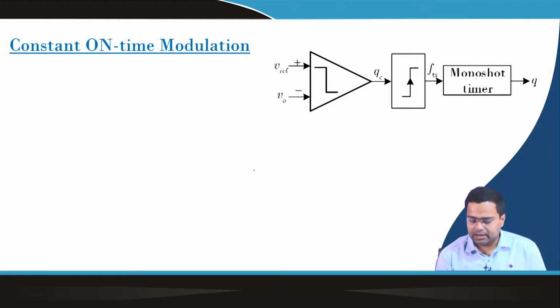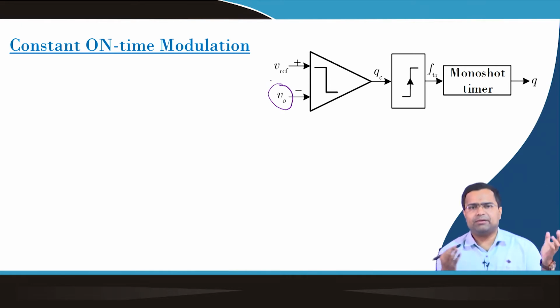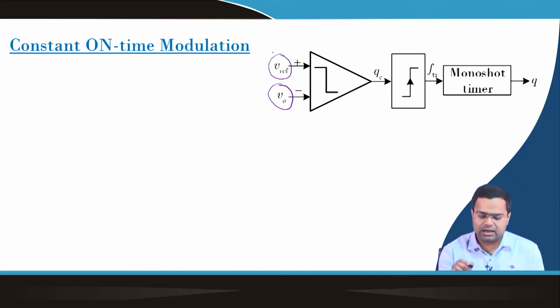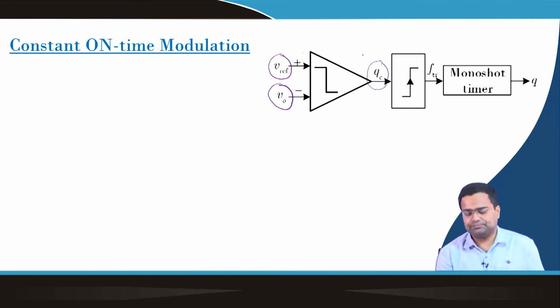What does it mean? If we take the output voltage of a buck or a boost converter or any DC-DC converter, and compare it with the reference voltage using this comparator, what does the polarity show? The output of the comparator is QC.